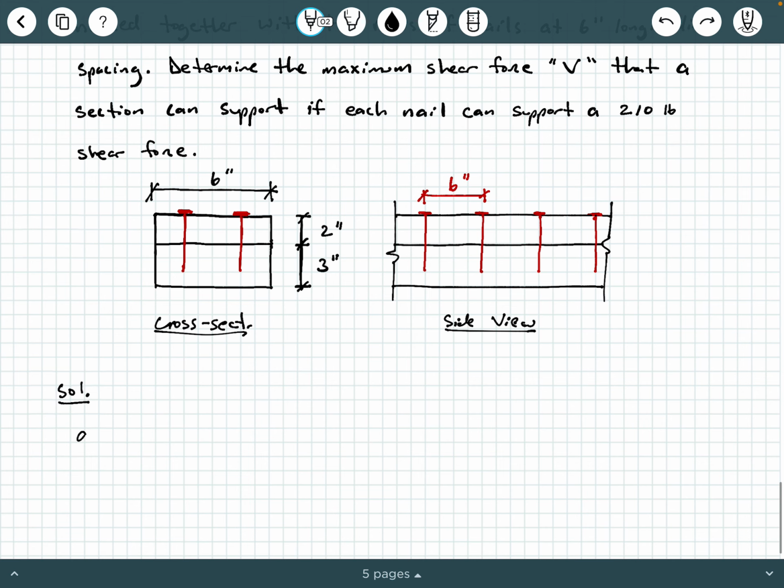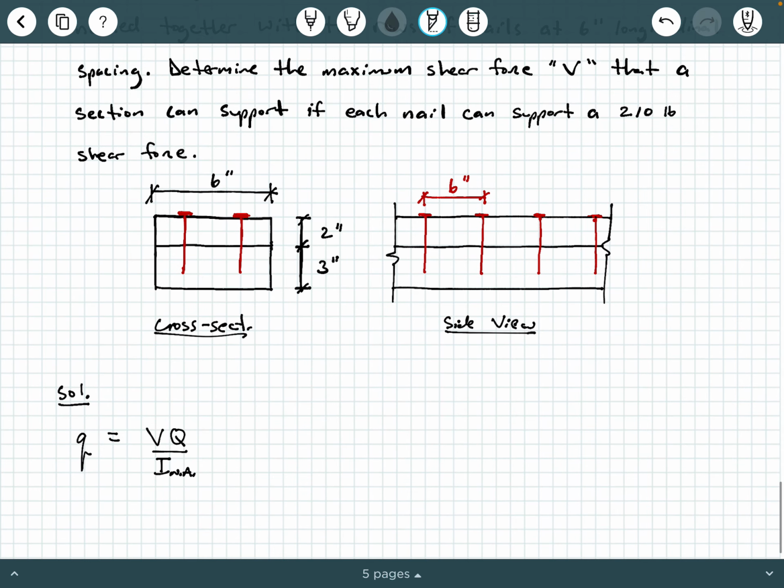We're going to say little q is V times capital Q over I about the neutral axis, okay? And so what we need to find is really V, knowing that we have the spacing and we have the strength of each nail, okay?